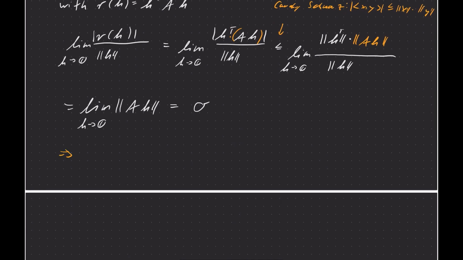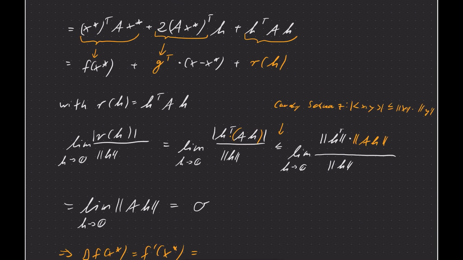So what we get here is the differential of f at x star, or f prime of x star, is precisely that term that we had up here, 2 A x star.